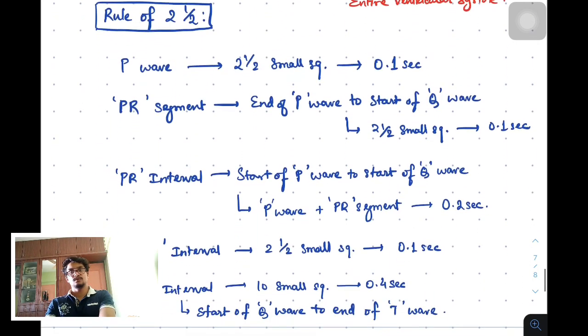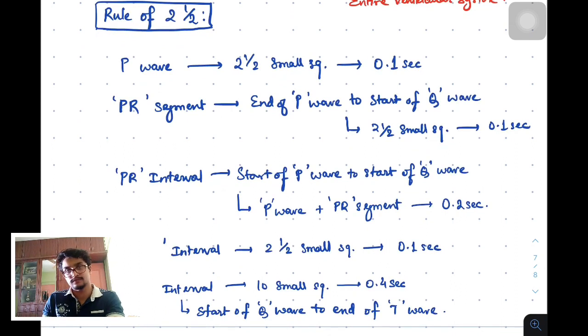Now, to know the duration of each of these, we will follow a rule of 2.5. The P wave duration is 2.5 small squares. A small square means 0.04 second, so 2.5 into 0.04 is 0.1 second. So the P wave duration is 0.1 second. The PR segment is another 2.5 small squares, again 0.1 seconds.